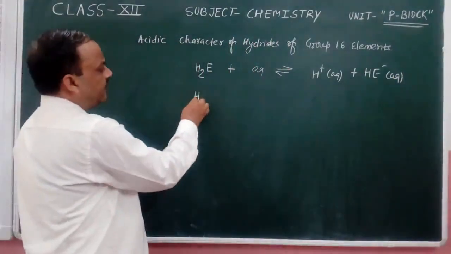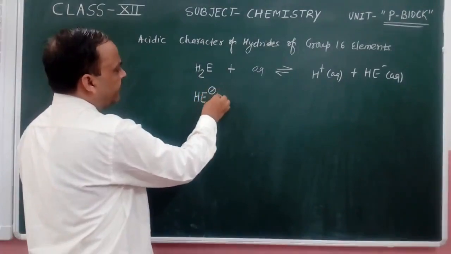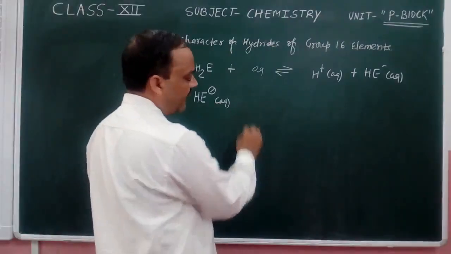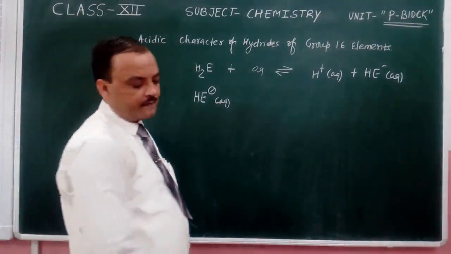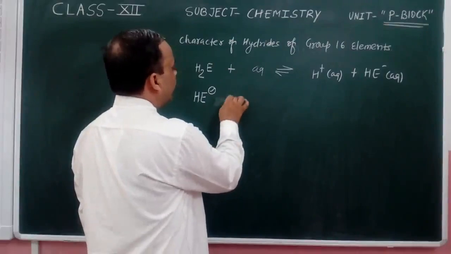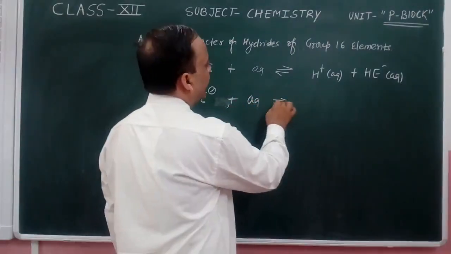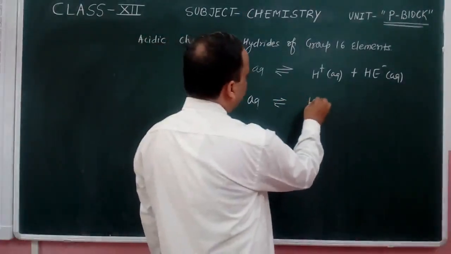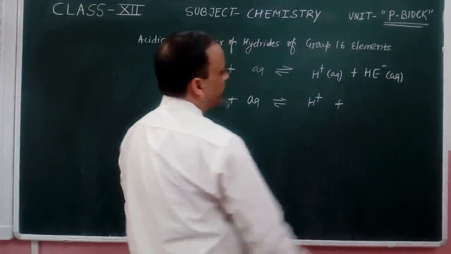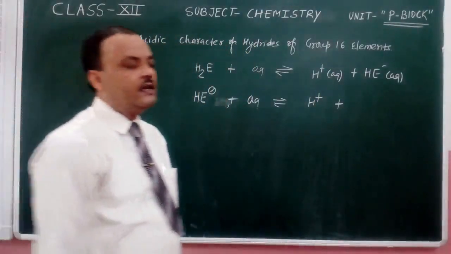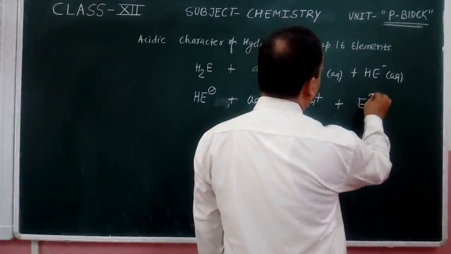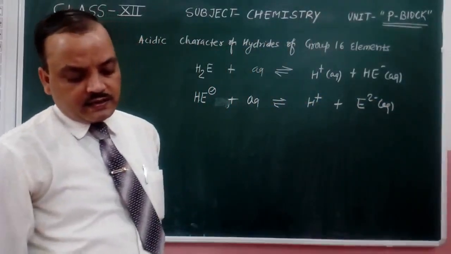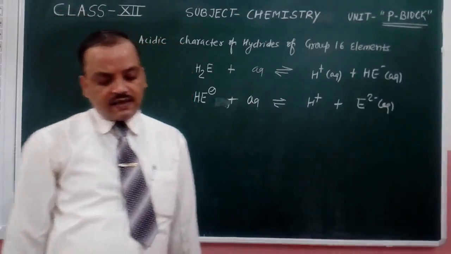In the next step, HE- (aq) gives H+ (aq) and E2- (aq). H+ is released as a proton, so it has the acidic character.